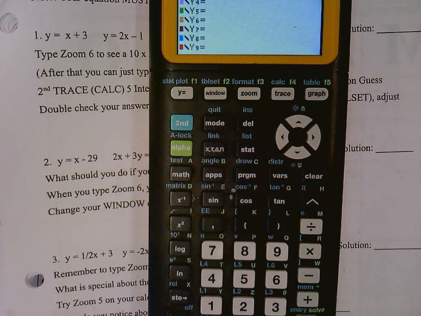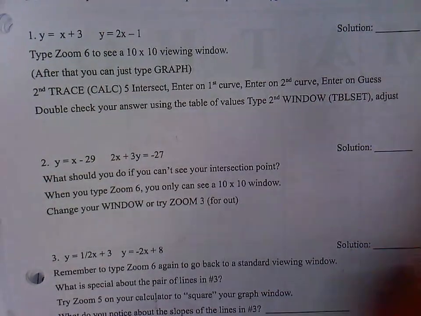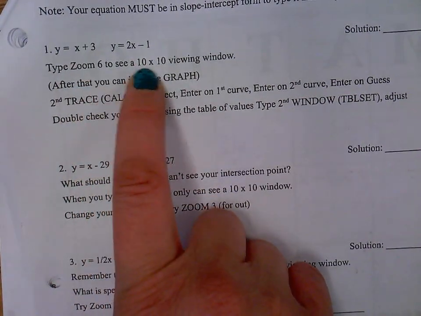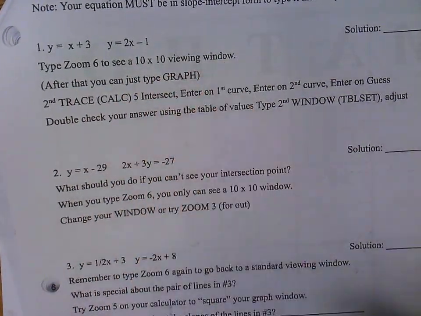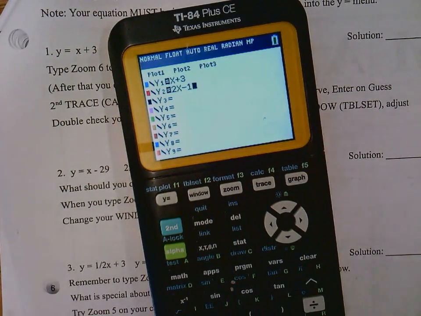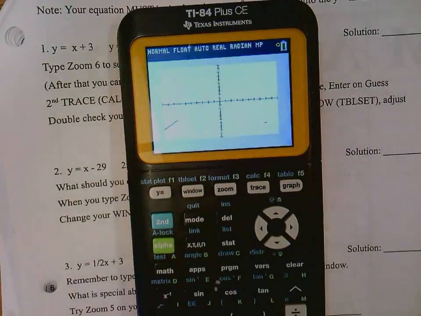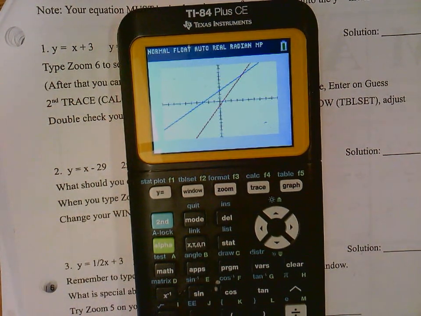And then if you look at your paper, it says type zoom 6 to see a 10 by 10 viewing window. I don't know who's used the calculator, so I just hit zoom 6 so that I can see my 2 lines and where they intersect. So we want to find that intersection point and have the calculator do it for us without us estimating, it looks about whatever.